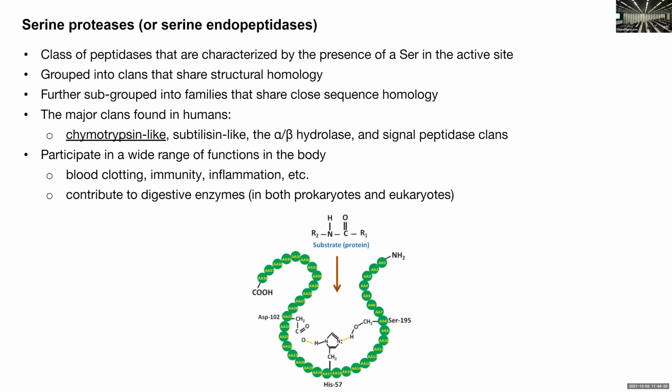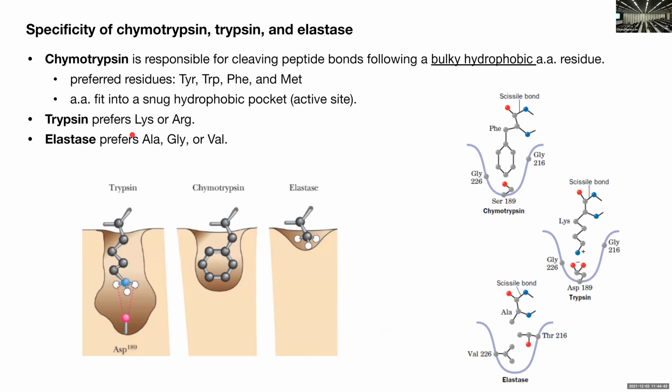And then we talked about serine proteases as good examples of enzymes that boost the catalytic reactions. We basically talked about these 3 different major clans, and focused on the chymotrypsin-like serine proteases mostly. We also talked about the 3 different serine proteases, chymotrypsin, trypsin, elastase, and so on.